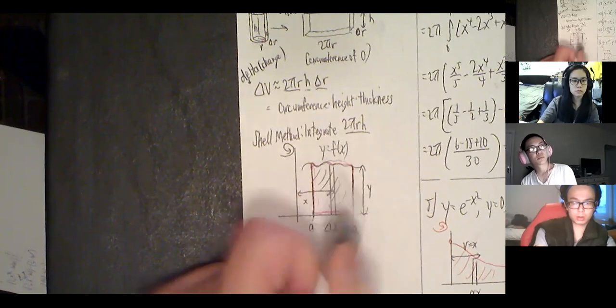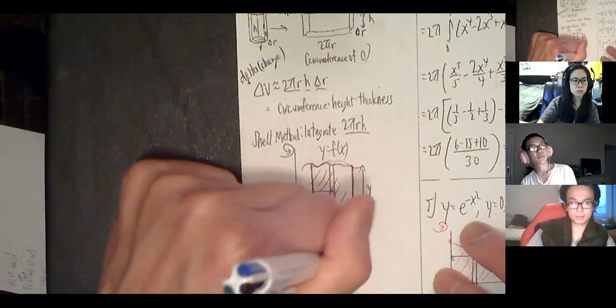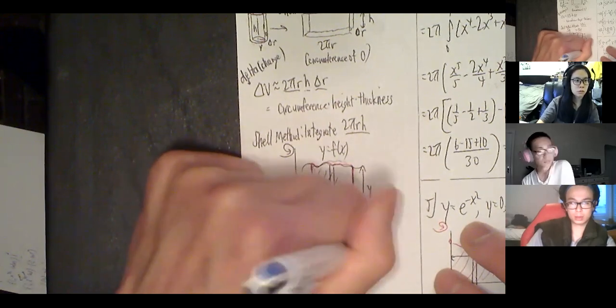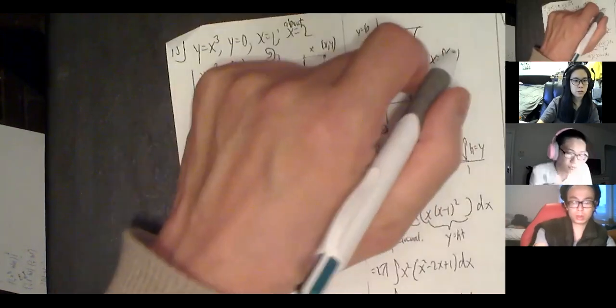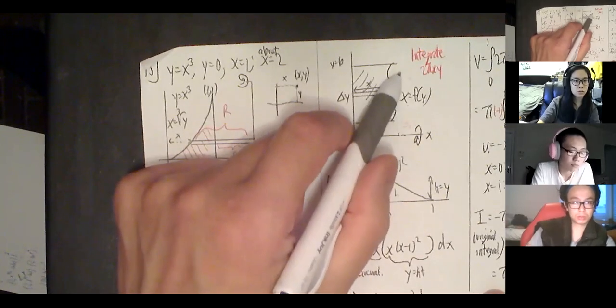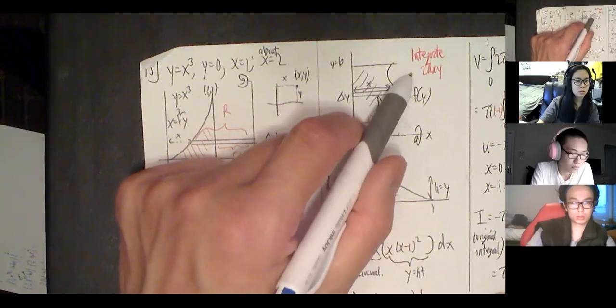In this simple case, you integrate 2 pi xy, and in this one, you also integrate 2 pi xy. But I'm going to show you some instances later where that's not the case. So I'm not so sure it's worth putting it down in general.